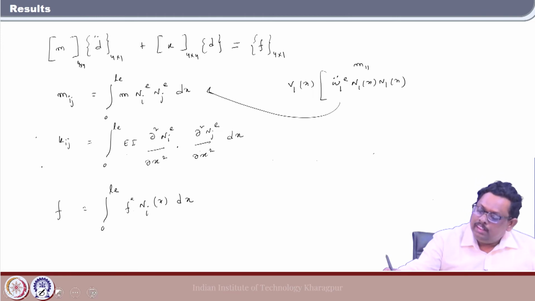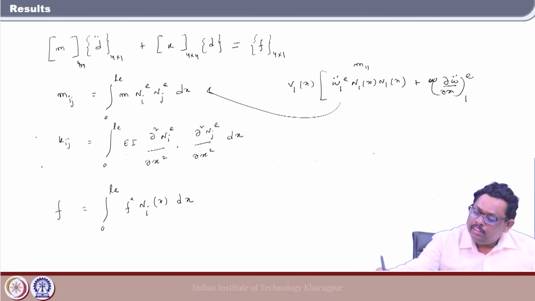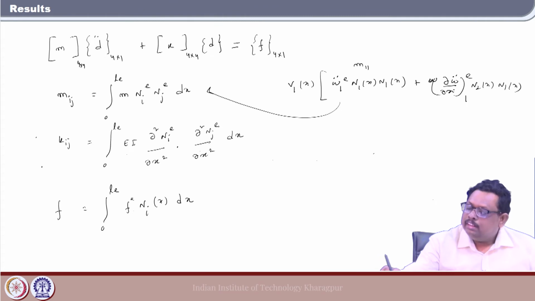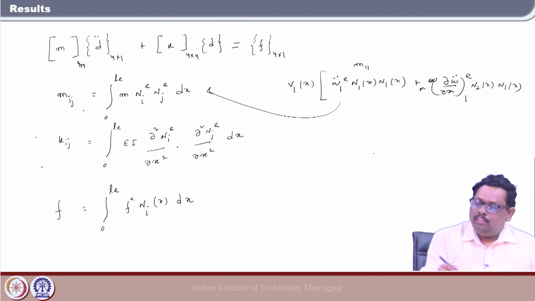Now, similarly, the second term would be del w dot by del x 1 into E, and it is here N 2 x into N 1 x, and of course, you multiply with m. Now, you see m 1 2.